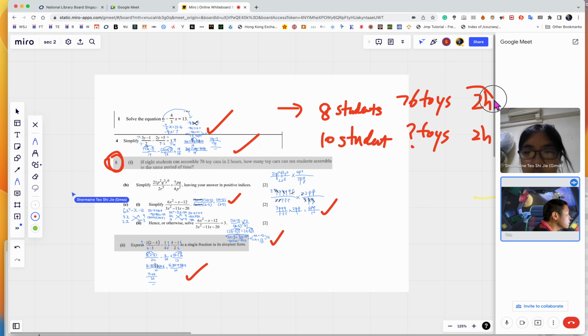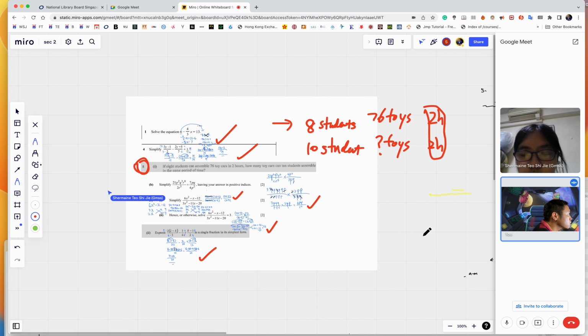Can you see that they have the same time? Yeah. And then what you need to do next? Same time, but the number is proportionality. Yeah. What's the fraction here? Or what's the factor?